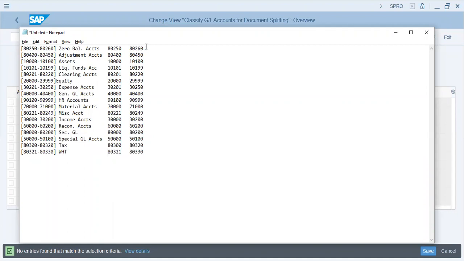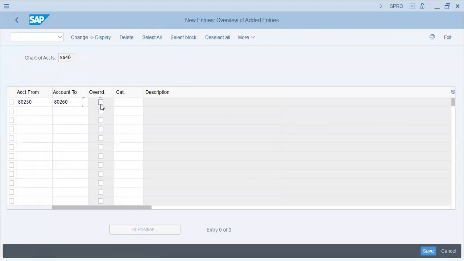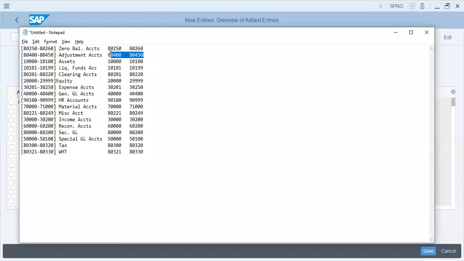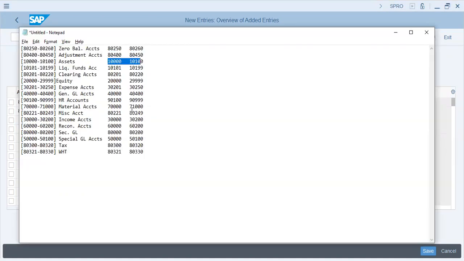अच्छा जी, zero balance accounts. This is adjustment accounts. Adjustment accounts are clearing accounts. Clearing accounts are interim accounts.